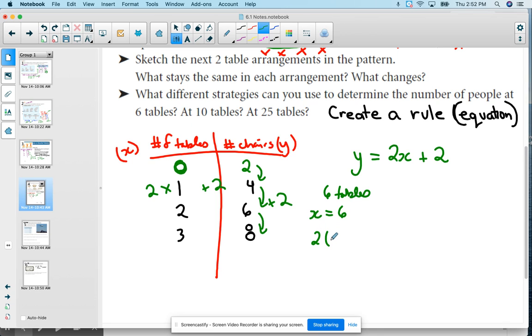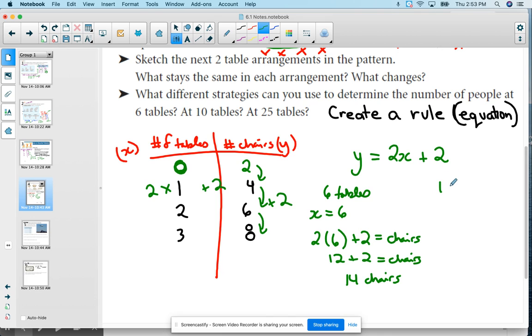So 2 times 6 plus 2 equals my number of chairs. 2 times 6 is 12. 12 plus 2 is 14. So I have 14 chairs at 6 tables.